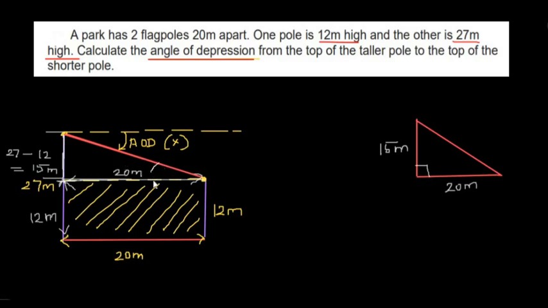Now if I somehow find out this angle, then it is also equal to the angle of depression, because I have explained in the earlier part that where a Z angle is formed, the angle of elevation will be equal to the angle of depression. So now let me find out this angle.